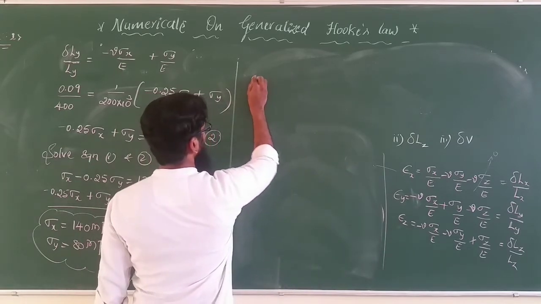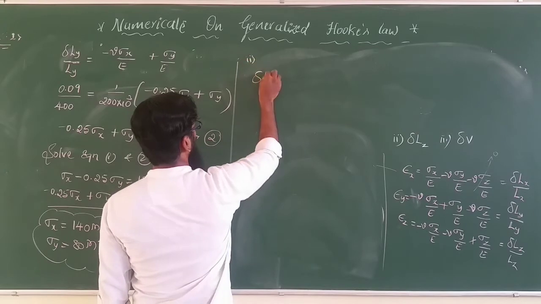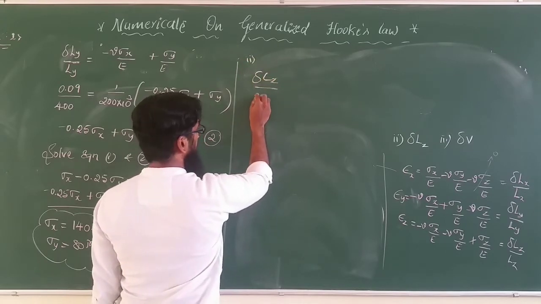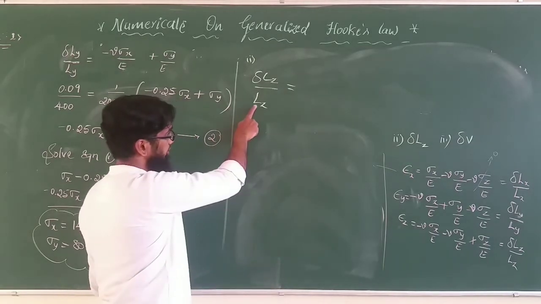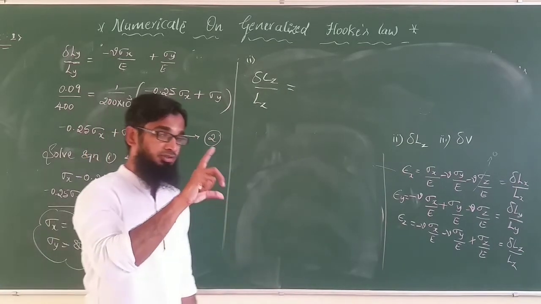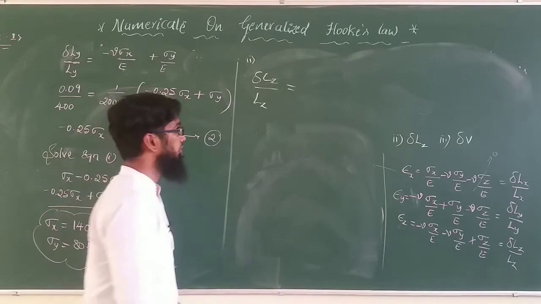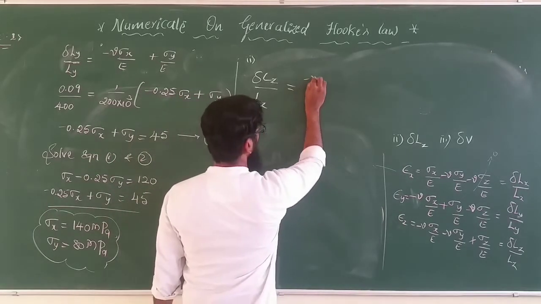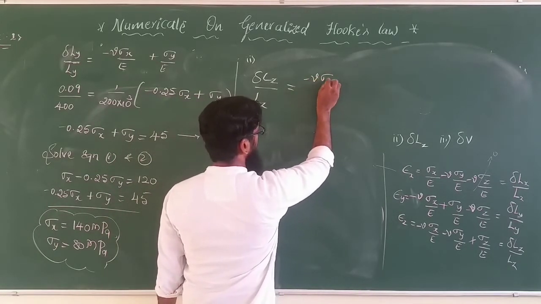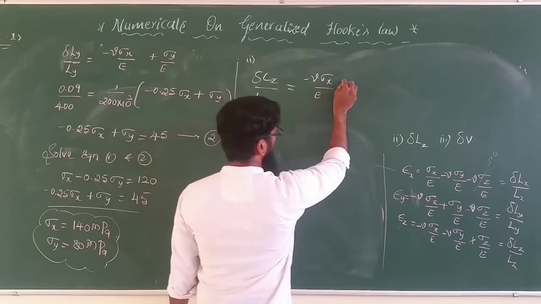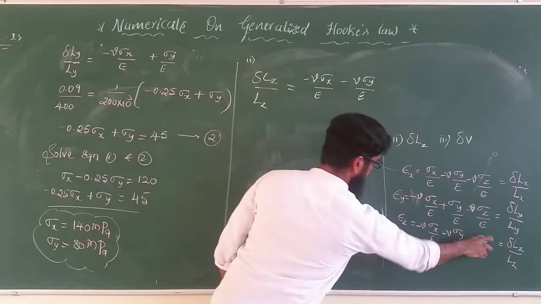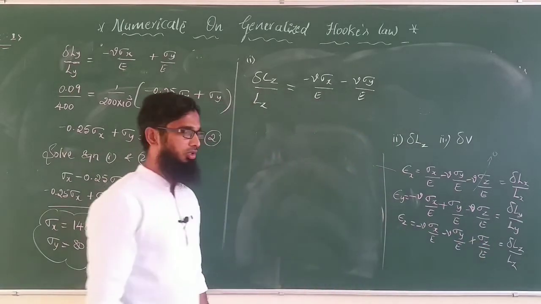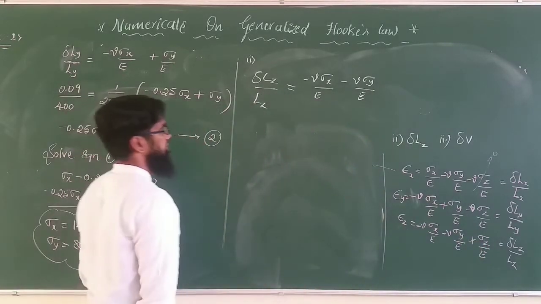So delta Lz is equal to Lz, the length in the z direction, which indicates the thickness of the member, times minus nu sigma x by E, again minus nu sigma y by E, because sigma z is 0 always for this problem.